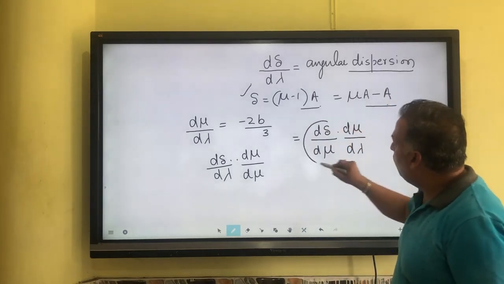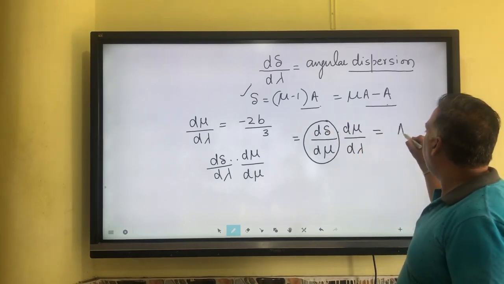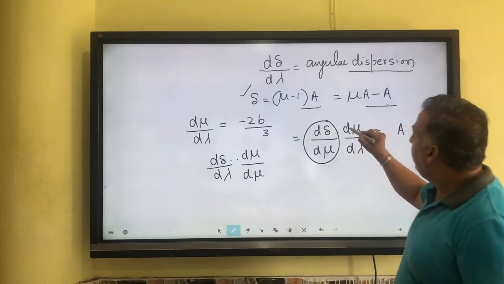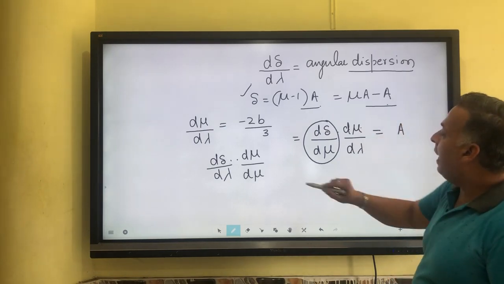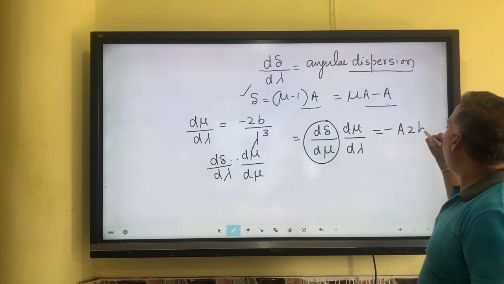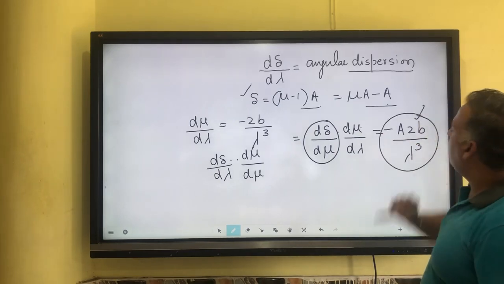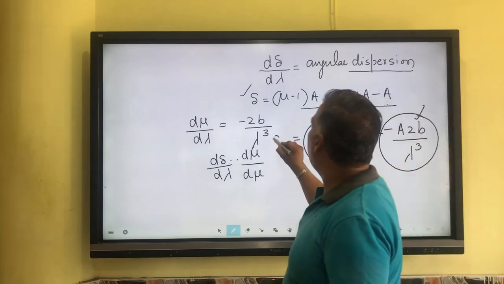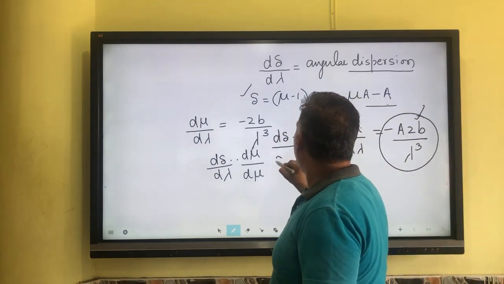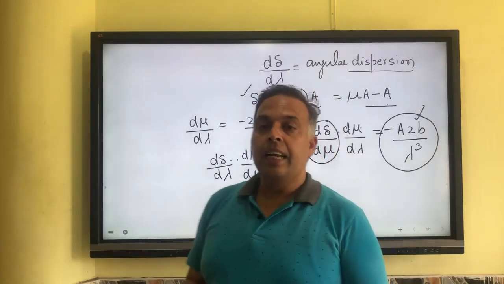We have proven that d delta upon d mu was A, and d mu by d lambda is equal to minus 2B upon lambda cube. So this comes to be d delta by d lambda.